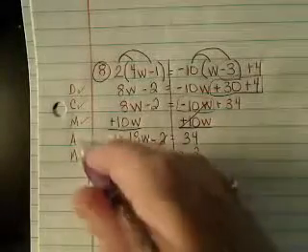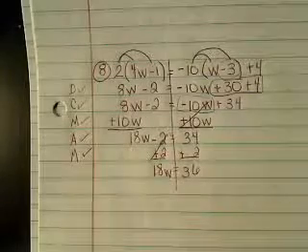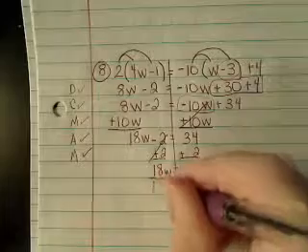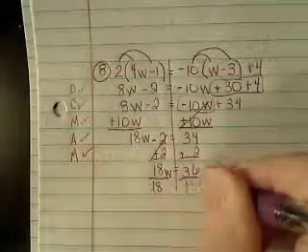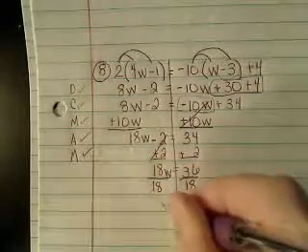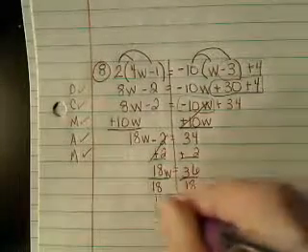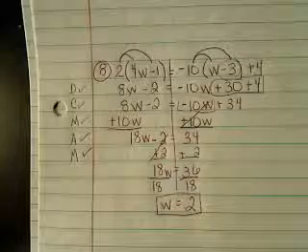Last step, the inverse of multiplication, 18 times w. The inverse is to divide by 18. And my final answer is w equals 2. And that's my answer.